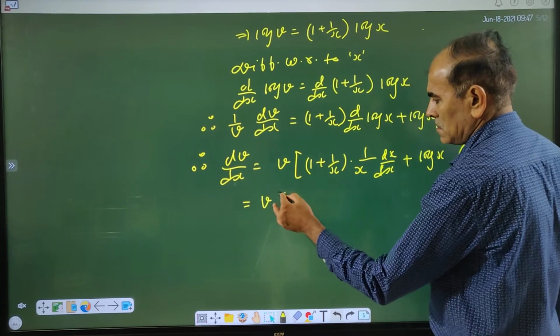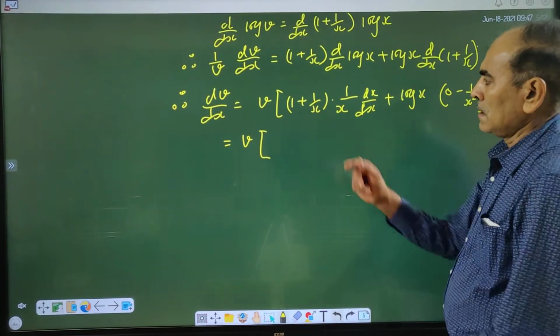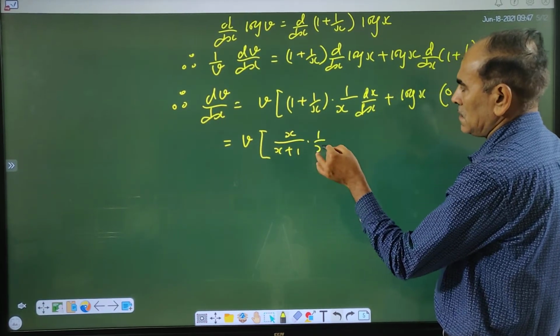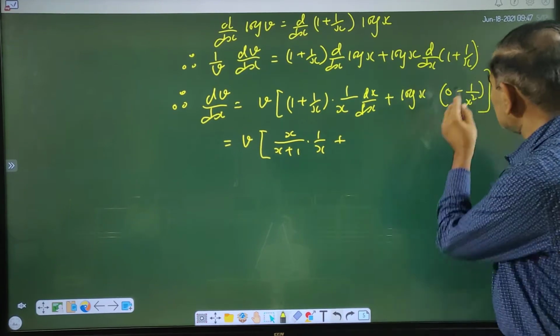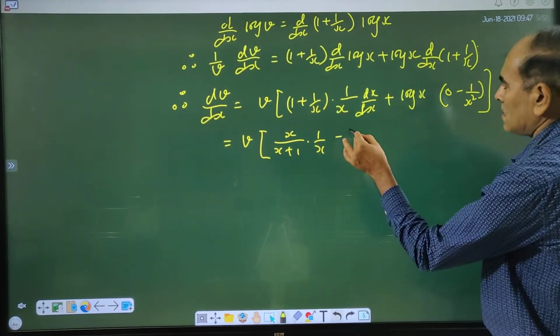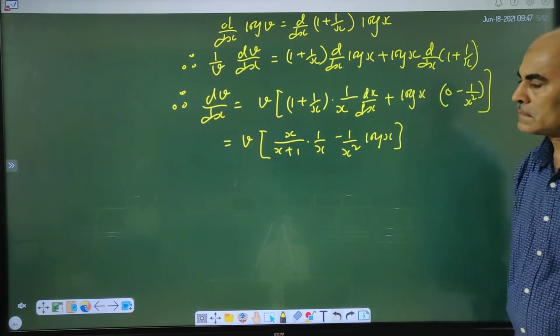So that is equal to v. Take LCM. x over x plus 1 into 1 by x. This comes out minus 1 by x square, minus 1 by x square into log x.